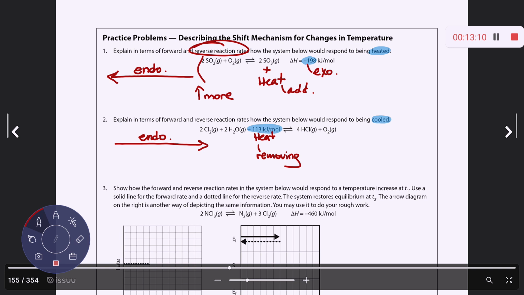Forward or reverse? It's whichever one is the endo. Okay, so the forward rate will decrease more because that's the endo. Okay, let's take a look at number 3.